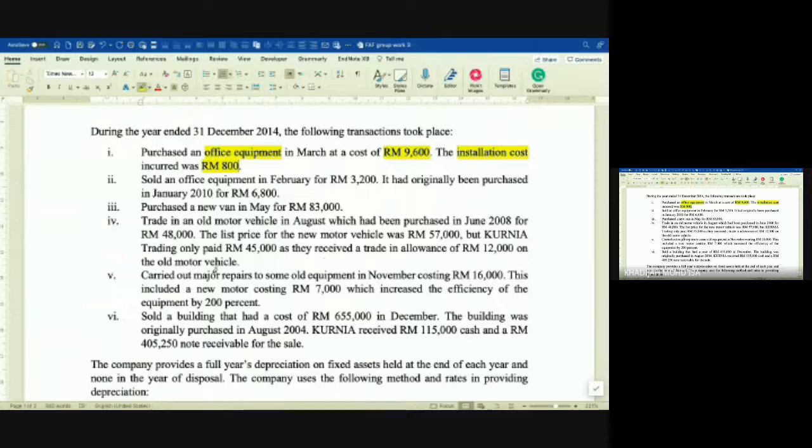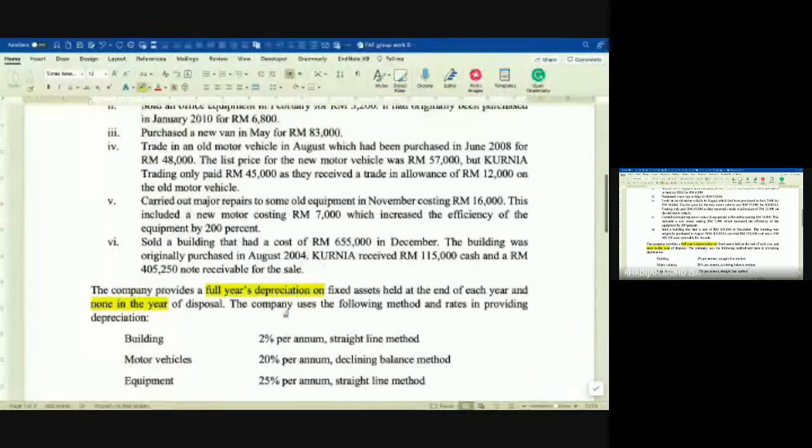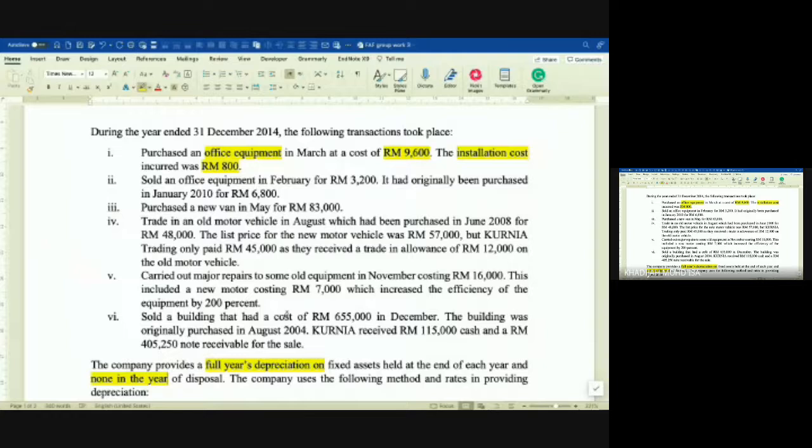The second one: sold an office equipment for 3,200. It cost you 6,800 in January 2010. Hold on, let me check first. The company provides a full year's depreciation on fixed assets and none in the year of disposal; you have to use this method. Now you have to compute the depreciation because you have to decide on the accumulated depreciation of the asset.